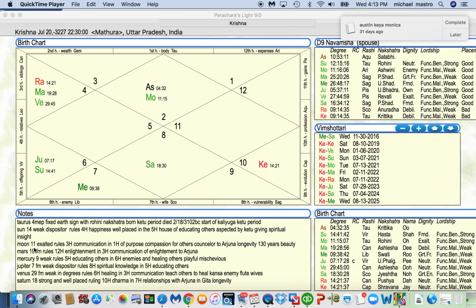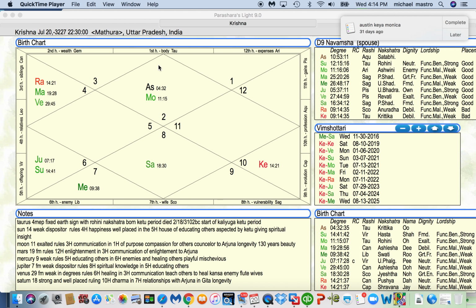So Moon is at 11 degrees. It's exalted. It's in his 1st house. Almost all the charts you see for Krishna will have Moon exalted in that 1st house. And it rules this house of communication, and gives him, Moon itself is compassion, and so it gives him compassion, and that compassion is communicated through spiritual knowledge to help others.